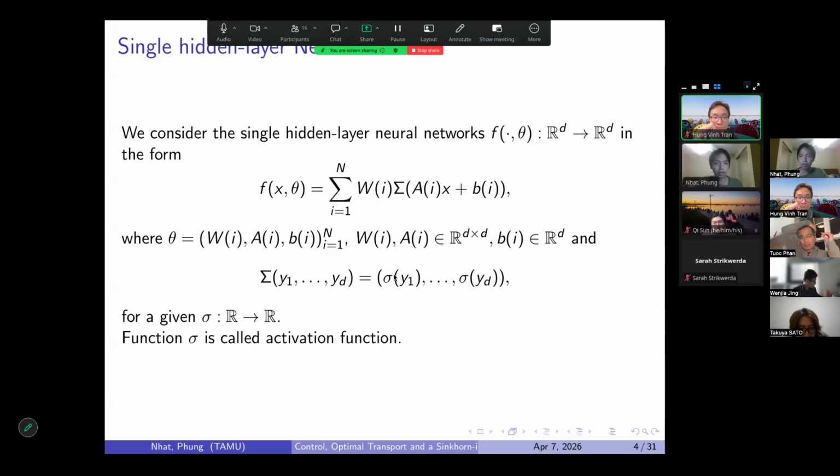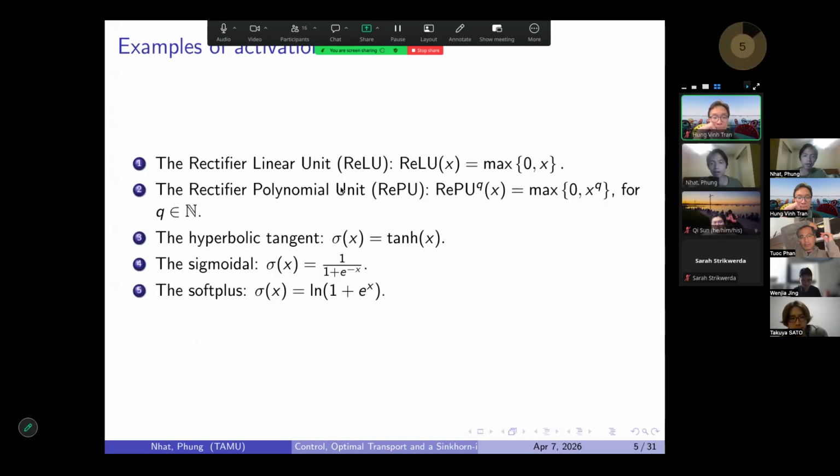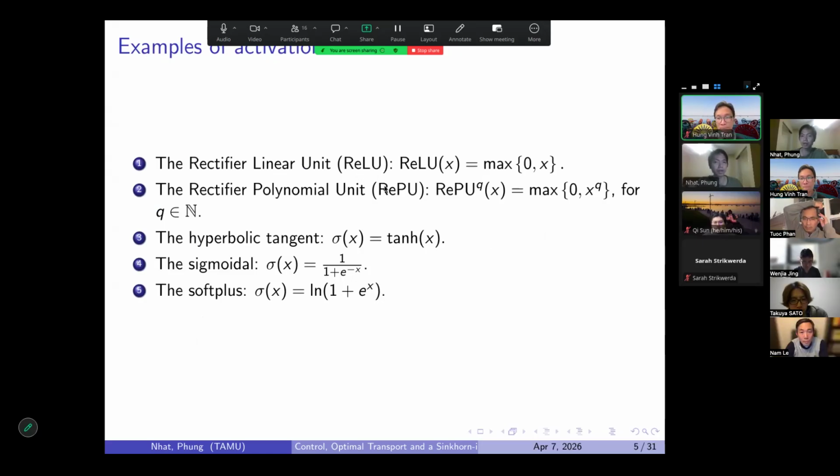In applications we usually choose sigma beforehand and fix it. The most popular example is the rectifier, which we know by the name ReLU, or we can put in a polynomial. So we have RePU, where you have a monomial and then take the max with zero.